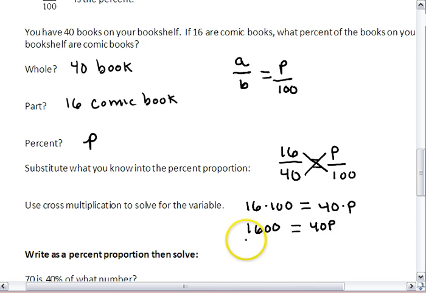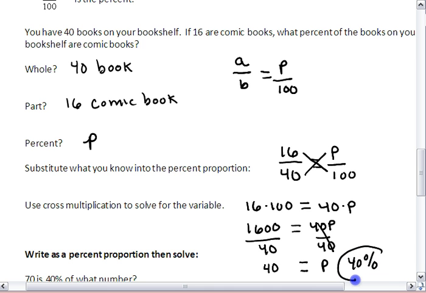I can divide both sides of this by 40. That cancels this out, and I'm left with P on this side. And 40 goes into 1600 40 times. So P equals 40, or 40% of the books on the shelf were comic books.